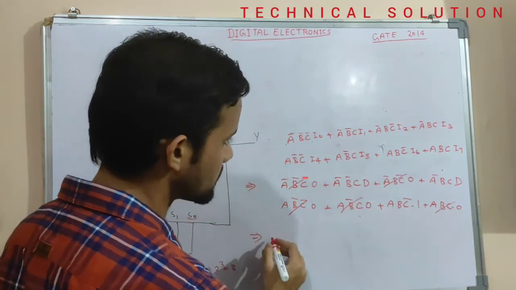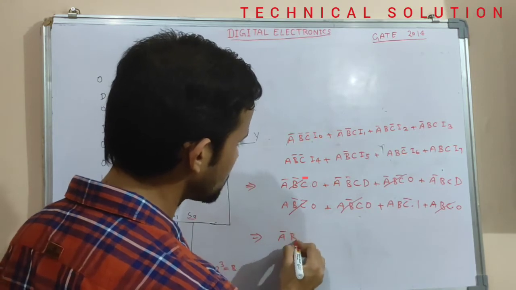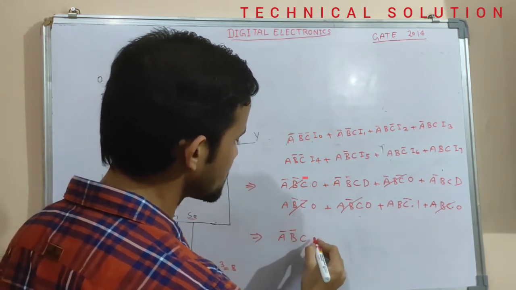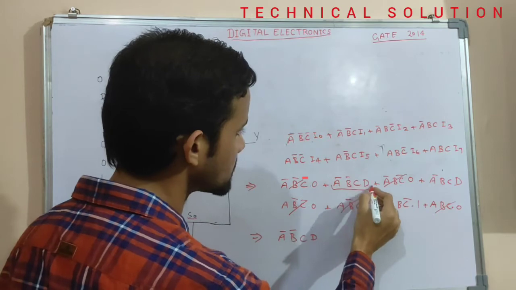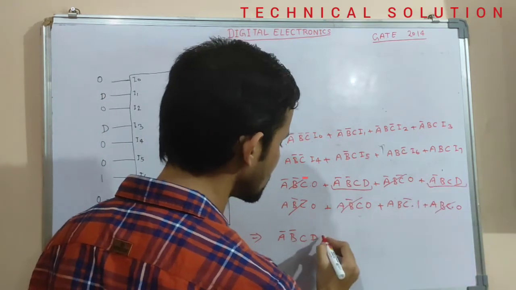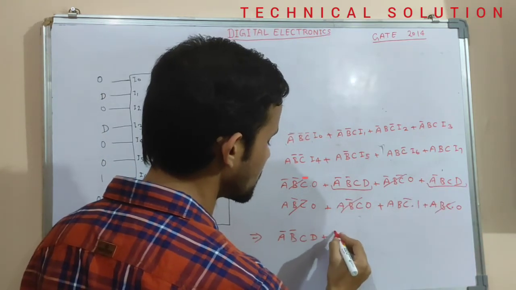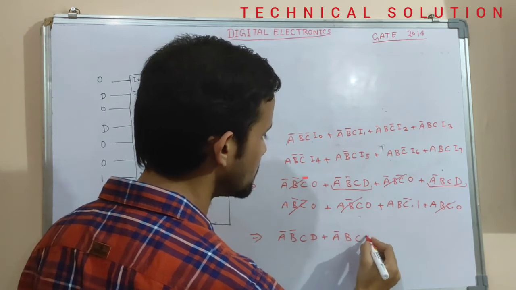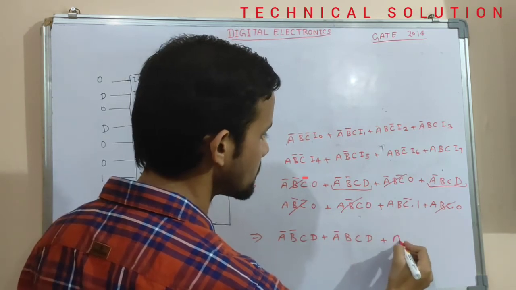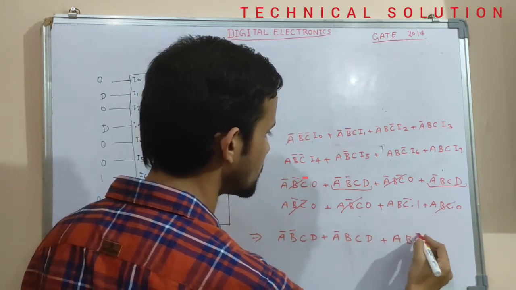So the answer is A complement, B complement, C, D. Next, plus A complement, B, C, D, and next is A, B, C complement.